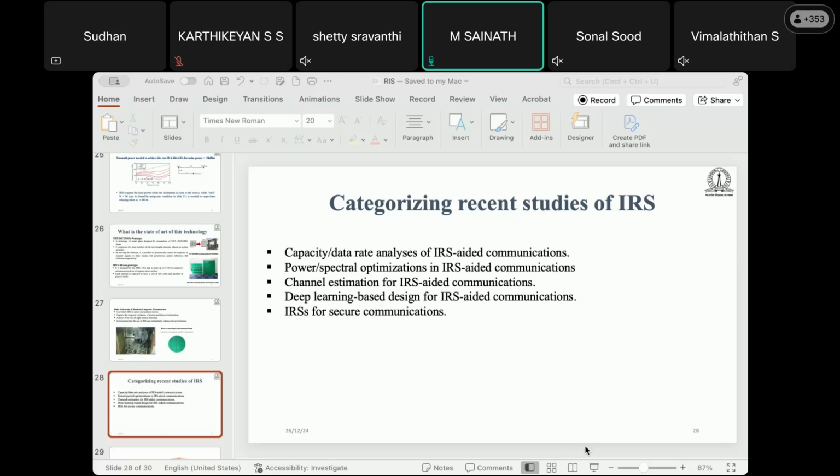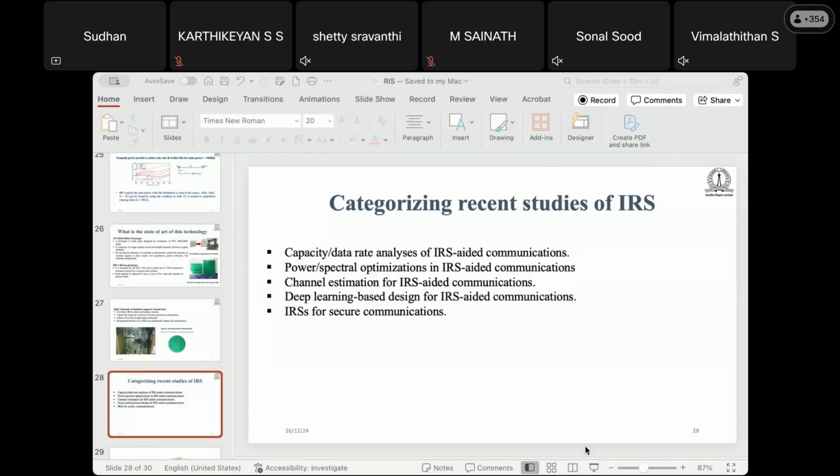What are the requirements of an IRS unit cell for beam steering? So it needs the location of user equipment, and also the speed. Mainly you need the location.